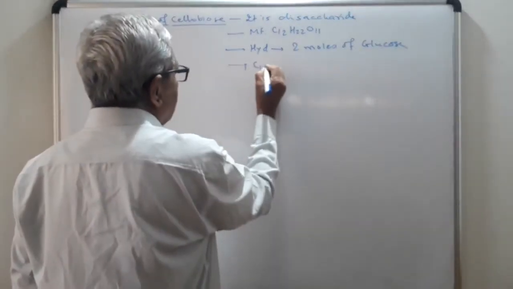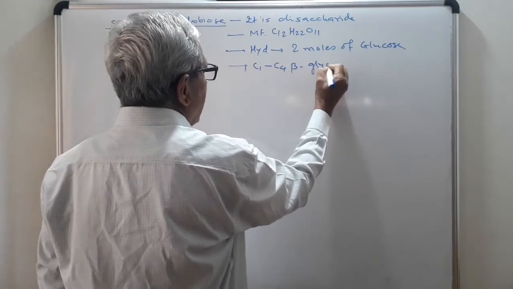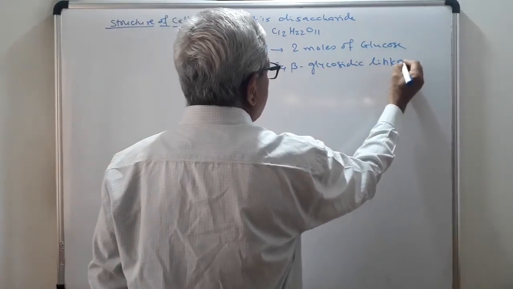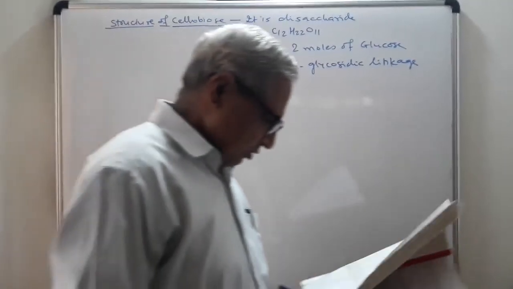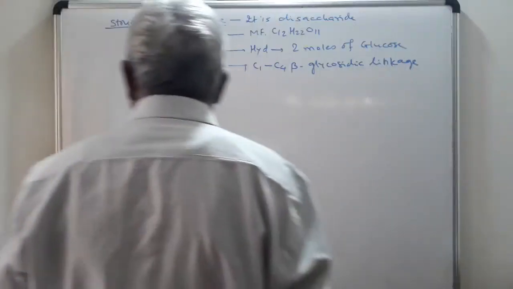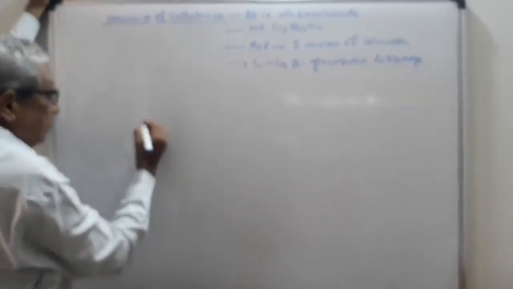C1, C4, beta glycosidic linkage or bond will be present there. C1, C4, beta. Now you can easily start the structure here. Structure of cellobiose.